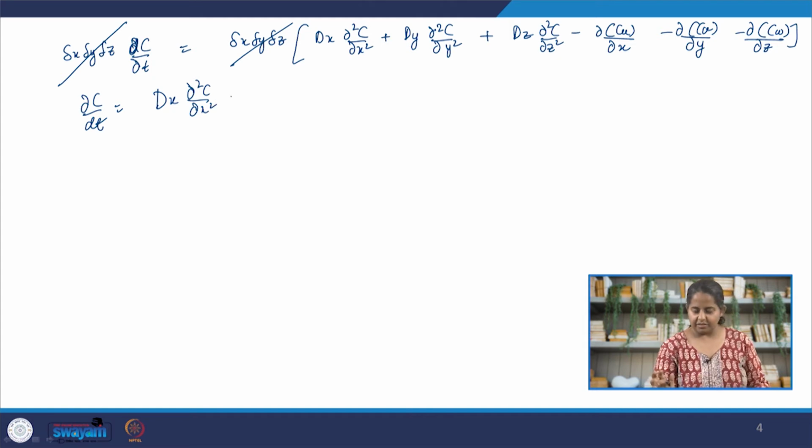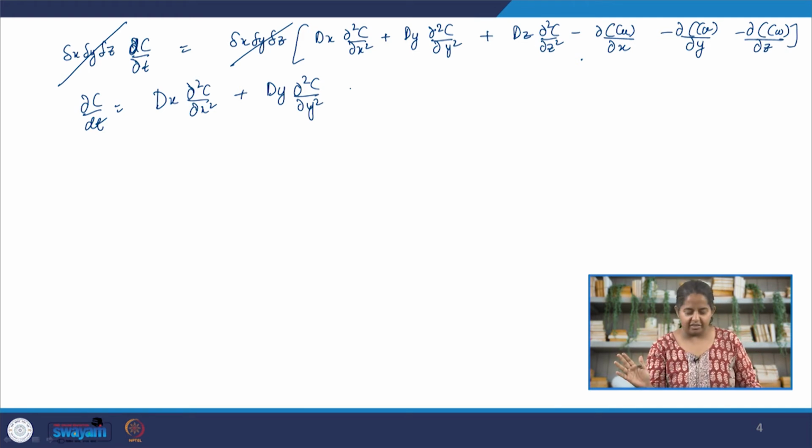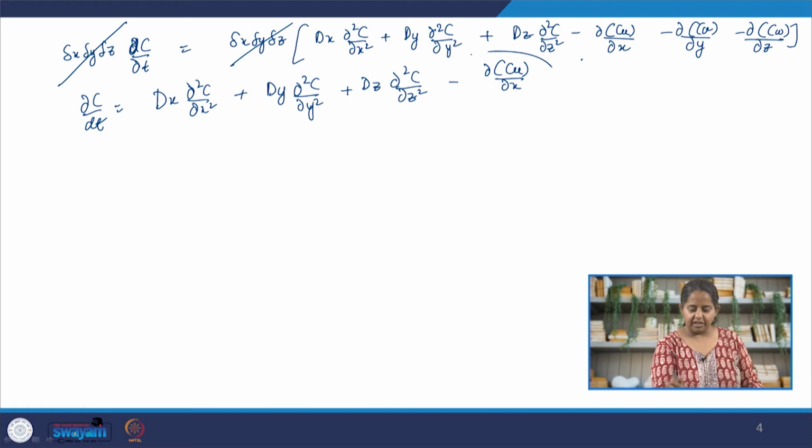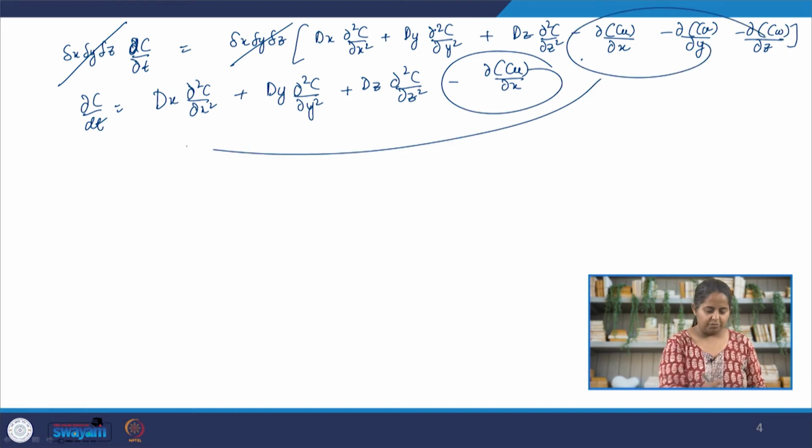Now, let us just write it down. It looks like a very lopsided equation with very small LHS and very big RHS. So, I want to take some terms from RHS and shift them to LHS. Minus all the bulk action terms. So, what we can do is we can take these terms here and move them to LHS.